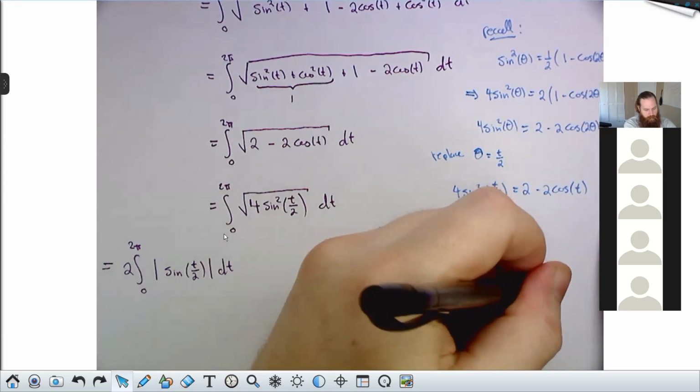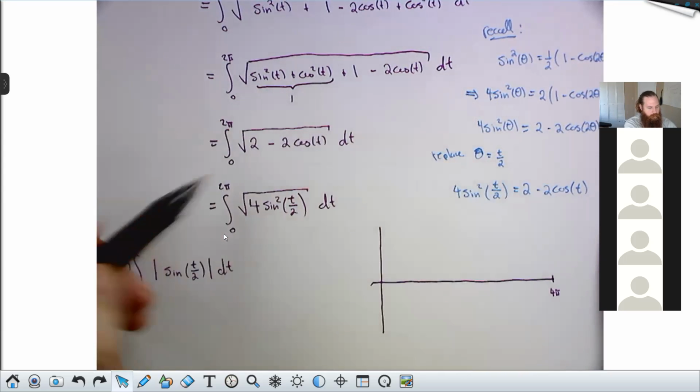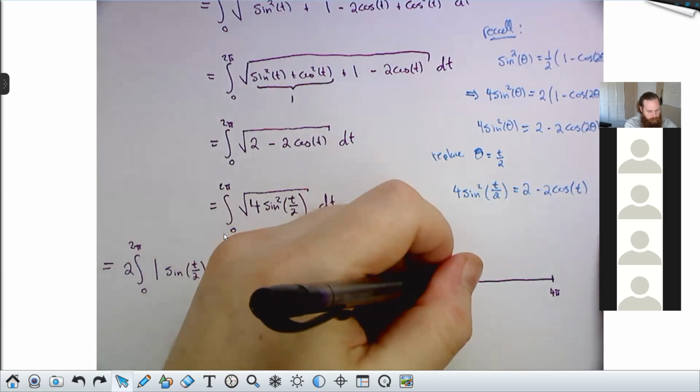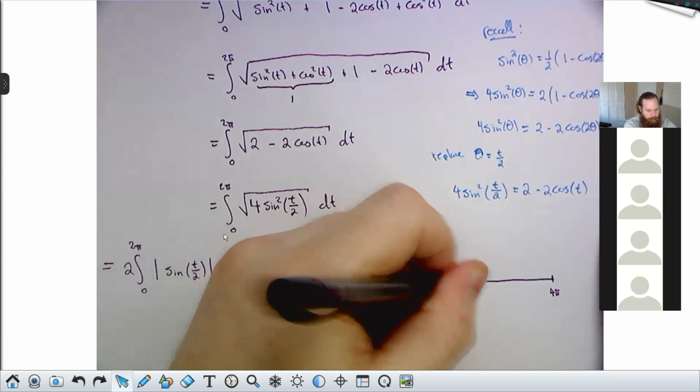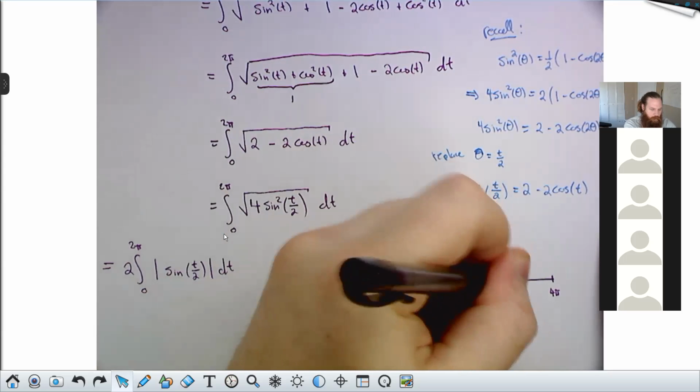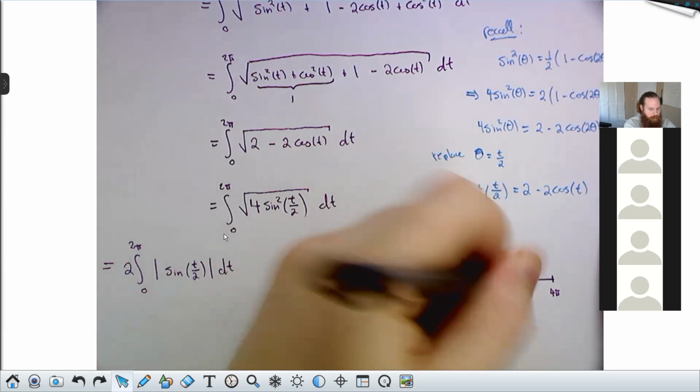I'm going to mark this as 4 pi. You should remember that the period of this function is 2 pi divided by whatever the number is inside. The number inside here is 1/2. So the period here is 4 pi, which means a half period is 2 pi, a quarter period is pi, and 3/4 period is 3 pi.